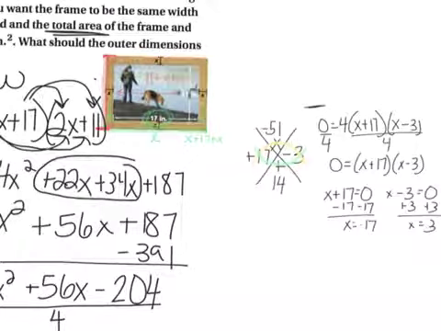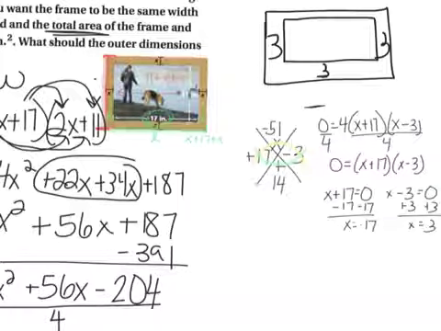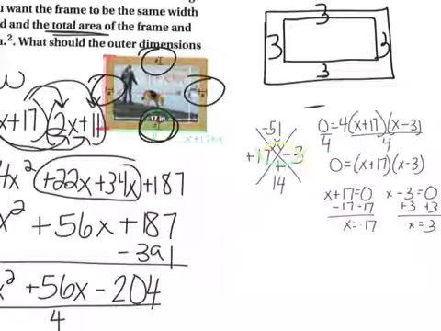So what I actually have here is I know that these parts here are 3 inches wide, and that's what I found for x. And why do I pick the 3? Okay, x, so if I look here, these are all x's. Well, I should automatically exclude the negative 17, because can I ever have a width that's negative? No. There's never going to be a width that's negative.